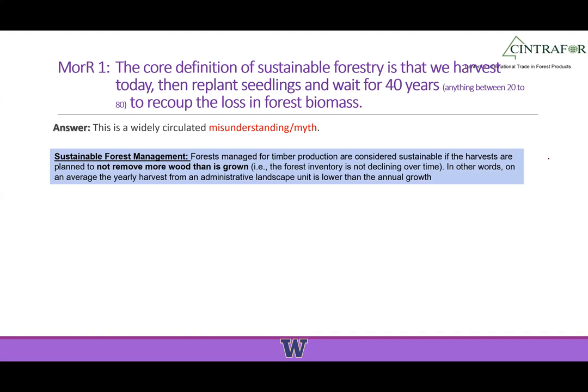We are harvesting less. If a piece of a landscape in any particular administrative unit, let's say a forest, sequesters 10 units of biomass in a particular year, we will harvest less than 10 units in that year and maintain the standing biomass in the forest.